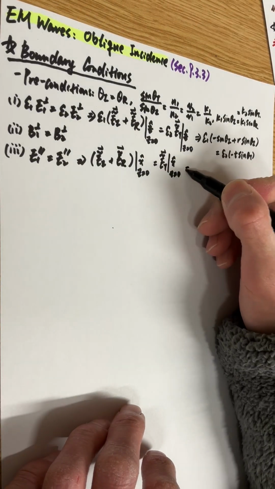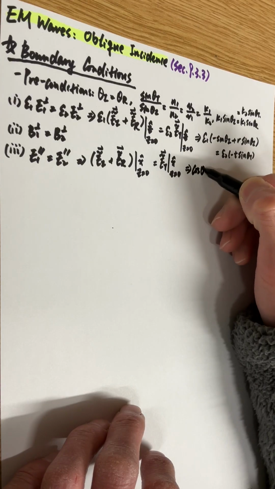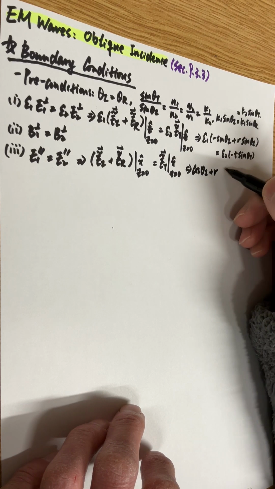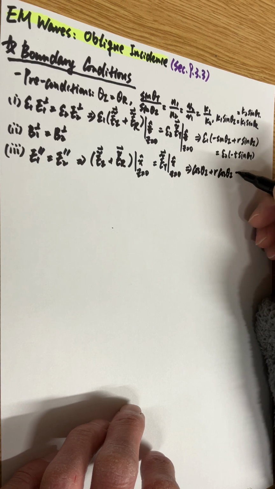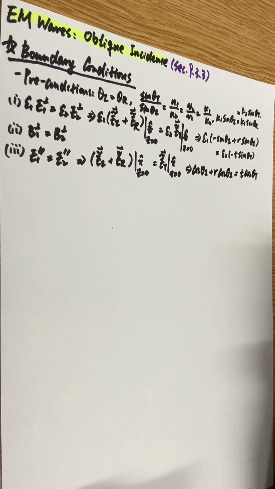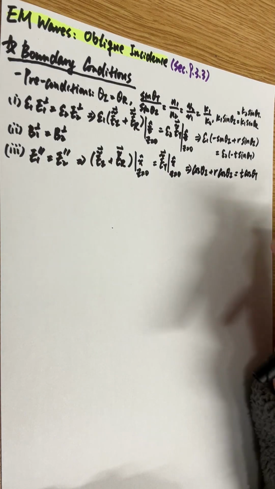So we have cosine theta I plus R cosine theta I equals t cosine theta t. So now we get another relationship between R and T.